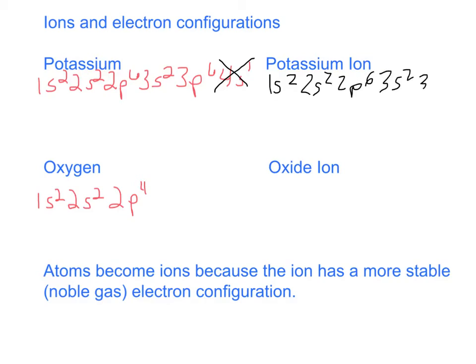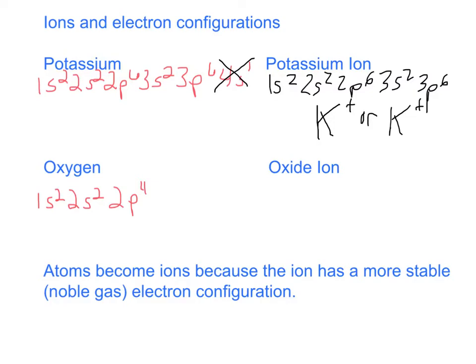If you were to write out what it looks like as an elemental symbol, the ion symbol is just a capital K, and then you put a plus or a plus 1, depending on what you would like to see. Now, the same goes for oxygen. It has 1s2, 2s2, 2p4, but since it is a non-metal, to the right of the stair-step line, it gains electrons. And it's a lot closer for oxygen to get to a noble gas by gaining electrons.